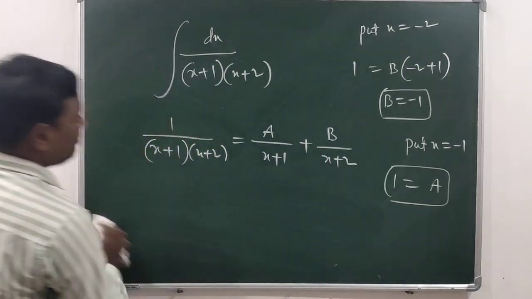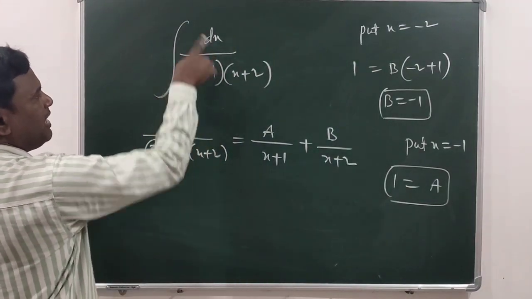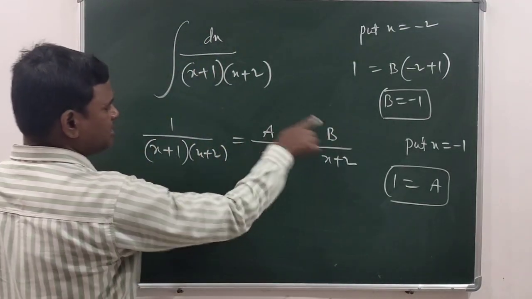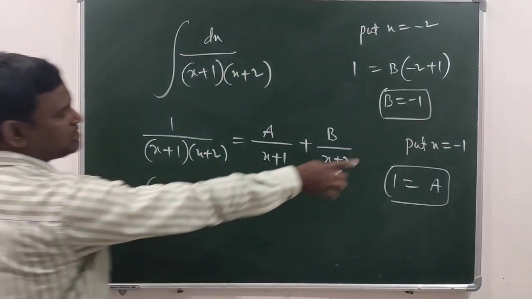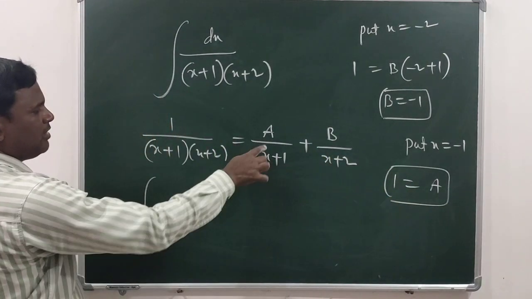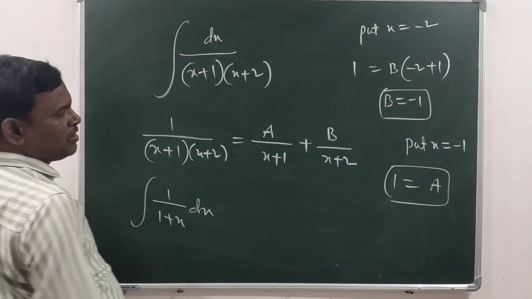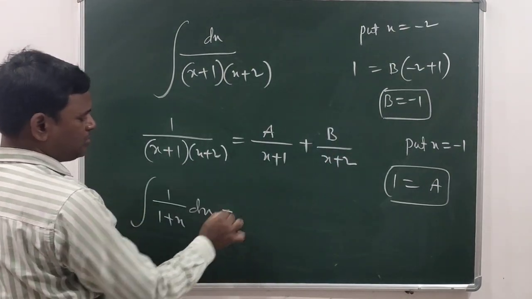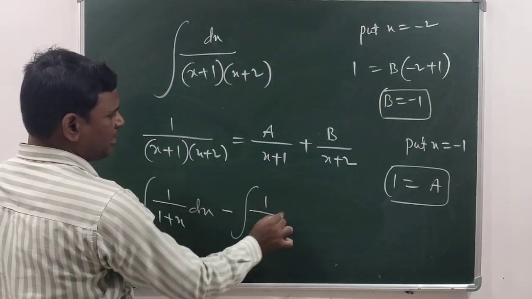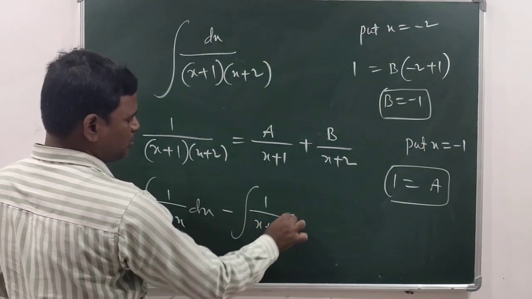Now replace this rational fraction by this. So here a value, how much have we got? 1. Then 1 by 1 plus x dx will come here. Now b value minus 1. Minus 1 I would like to write outside. Here 1 by x plus 2 dx.